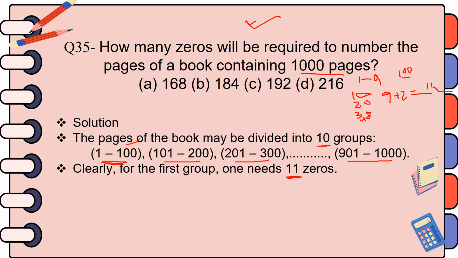From 101 up to 109: 101, 102, 103, 104, 105, 106, 107, 108, 109. There are zeros in between the two numbers. That means again here we have 9 zeros.